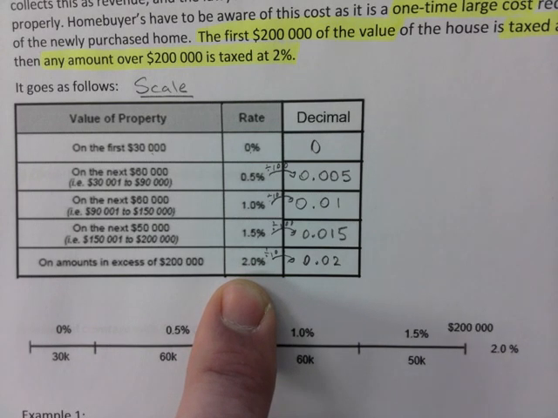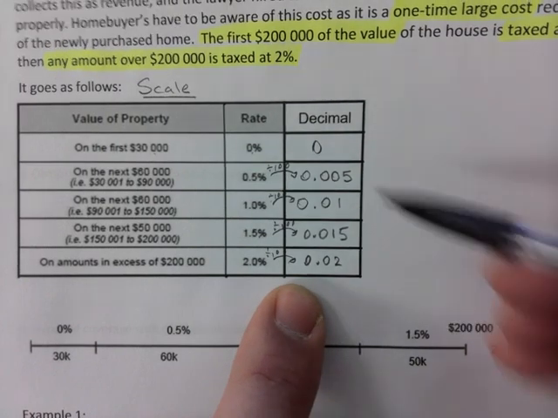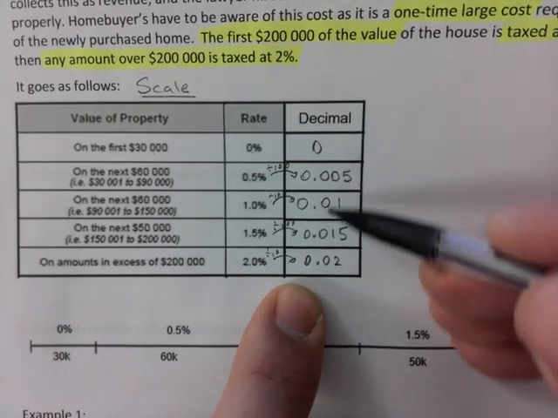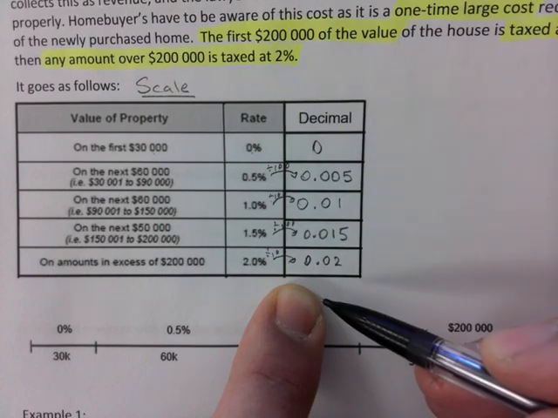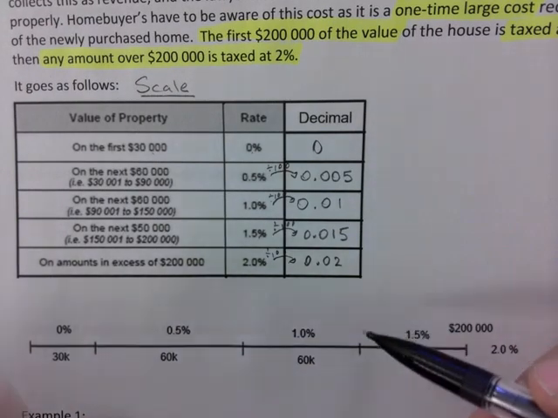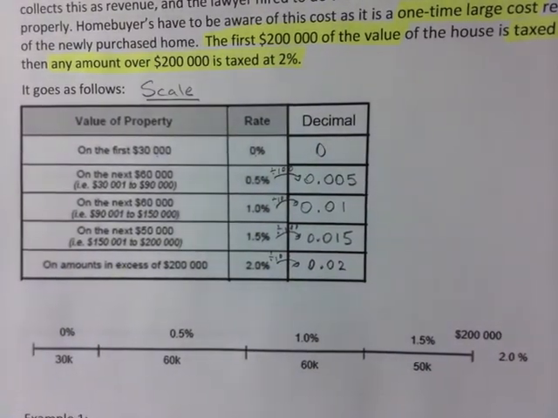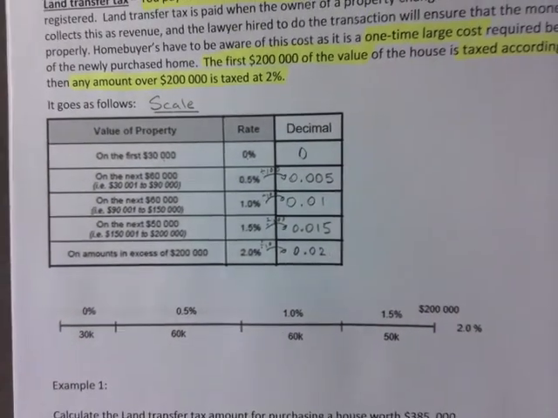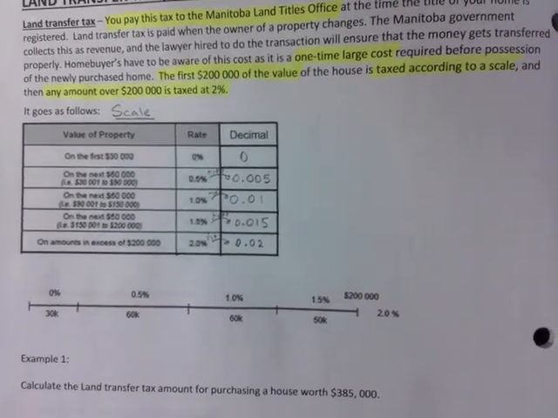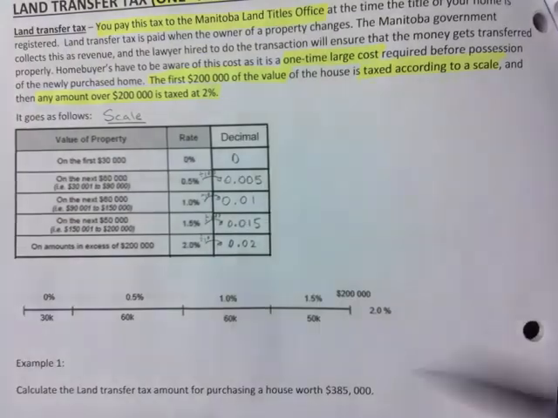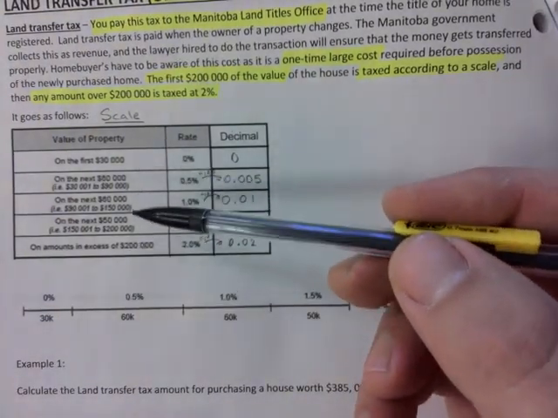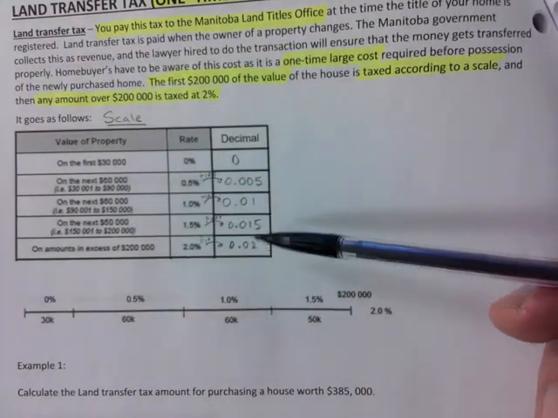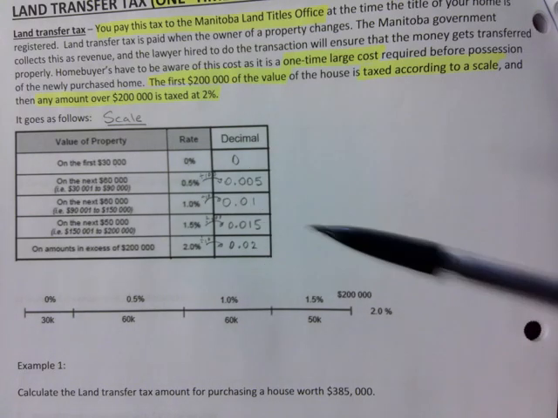So these numbers are the ones I'm going to use heavily. I want to make another note here. Usually the province includes this chart, but if you don't get these numbers right, the decimals, you will get the wrong answer.